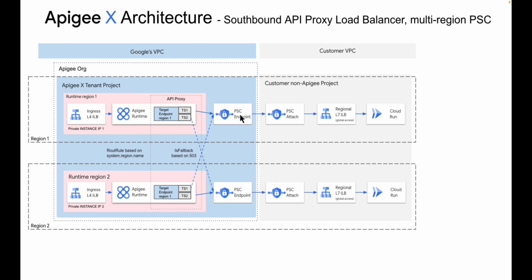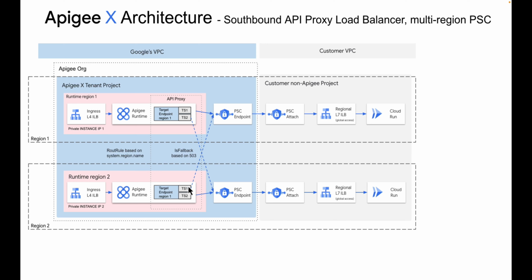So a Private Service Connect endpoint at the Apigee level, attached to a private service attachment in front of a regional L7 internal load balancer with global access. And this can be used, of course, to reach the Cloud Run application. This regional load balancer can be accessed not only by the Apigee instance in region 1, but also by the Apigee instance in the other region, because it has global access.